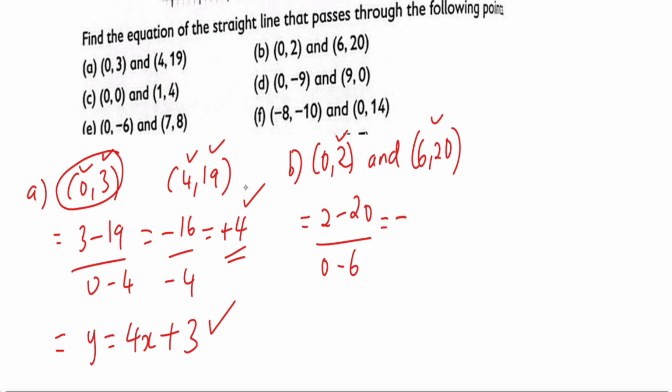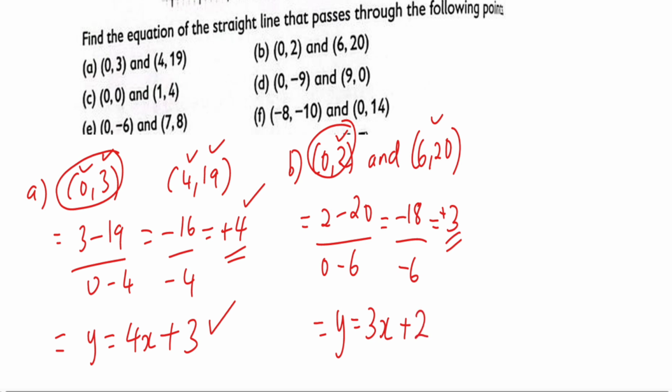And therefore this one gives you negative 18 over negative 6, which gives you positive 3, right? And again, our y-intercept is 0,2. So you write y equal to mx, which is 3x, plus our y-intercept, which is 2.